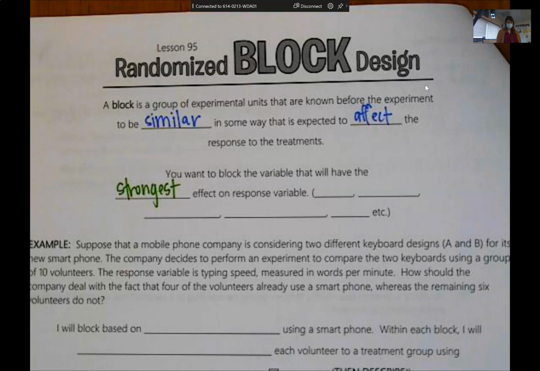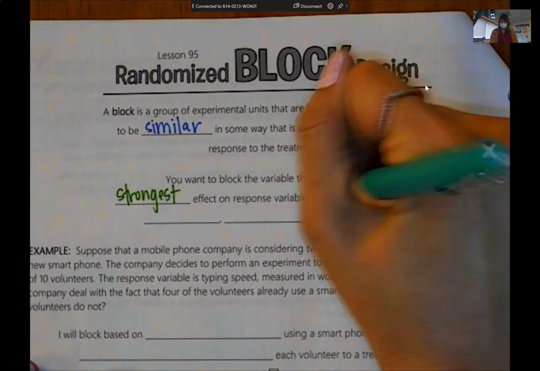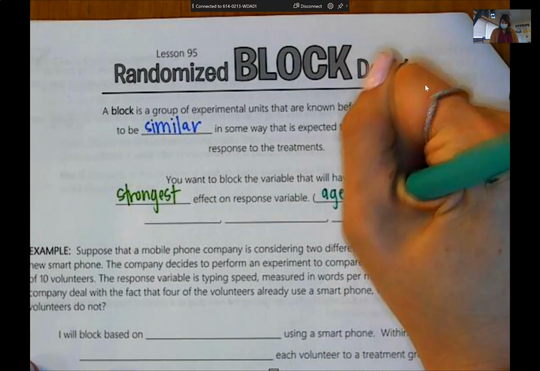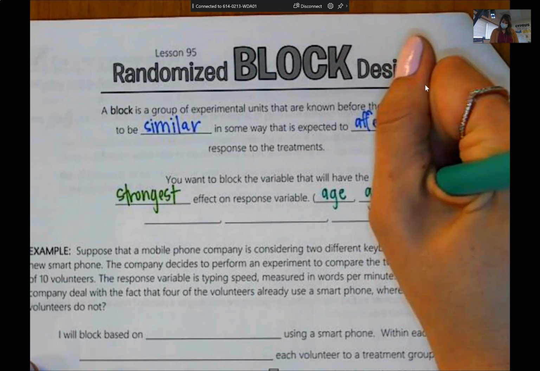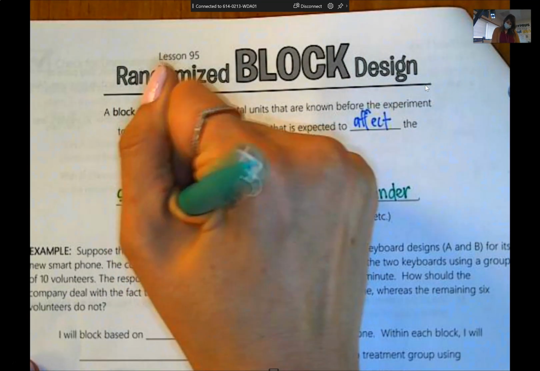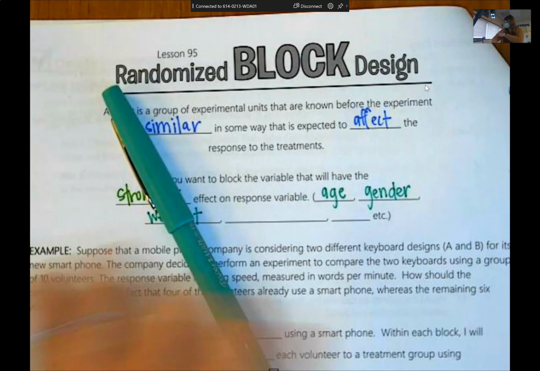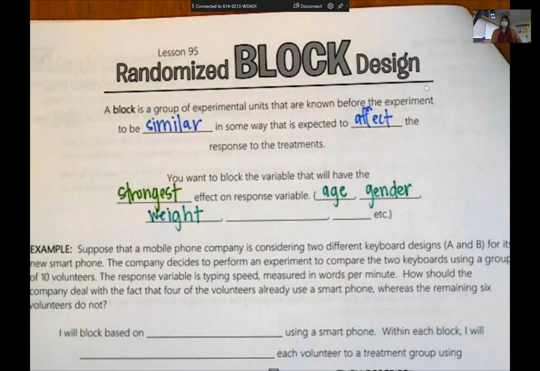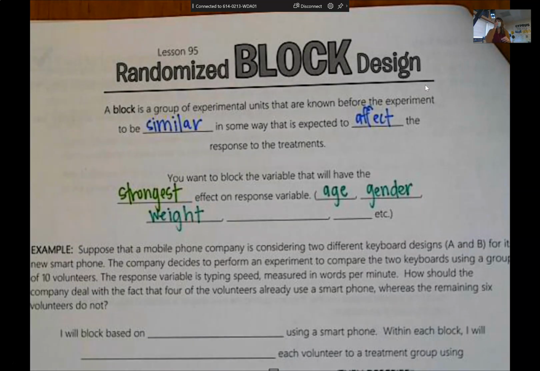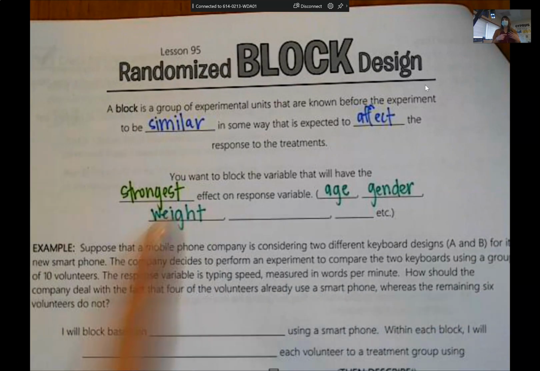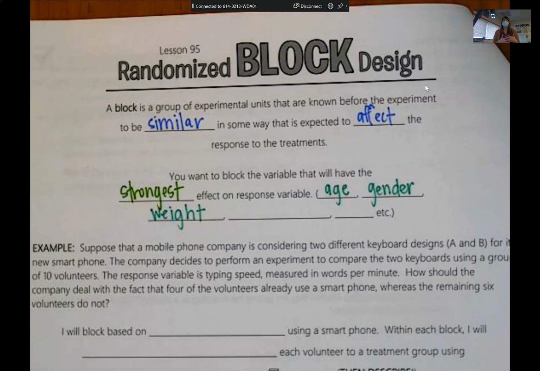Some of the most common things that you would use as a block: age, gender, weight. So those are the first three. If you are trying to test whether or not a blood pressure medication is effective, you would probably want to block the variable of weight, because I bet people's blood pressure is affected by their weight.